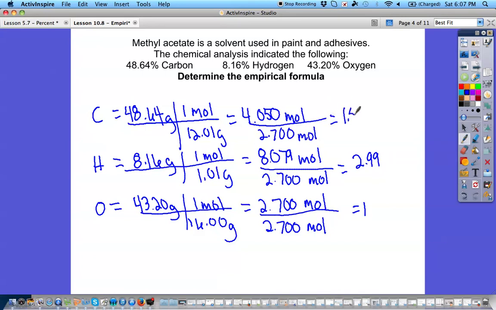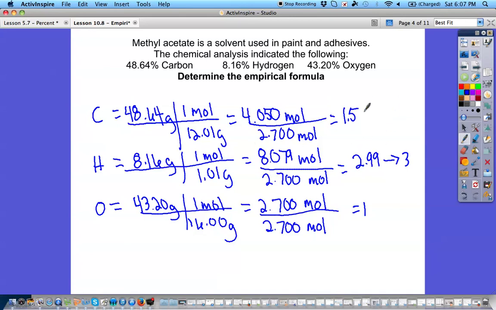And here I got 1.5. Okay, so this one we're going to round up to 3. And then remember I said if it doesn't fall into a number .15 or a number .85, you have to multiply it by a number to get a whole number.